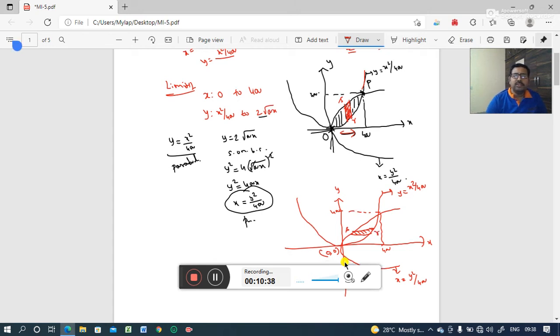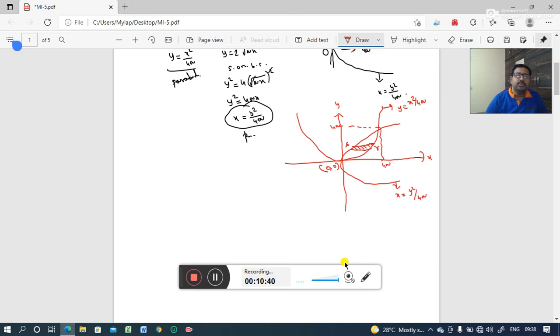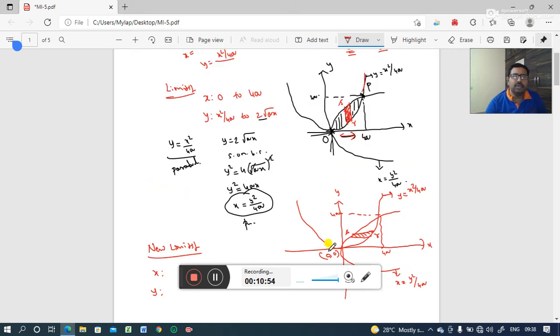Then on the basis of the new diagram, you choose the limits of x and y. Therefore it acts as new limits after changing the order, right? X limits and y limits. So in the previous case, the constant limits were taken on the x axis, right?